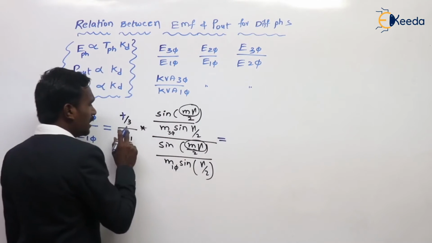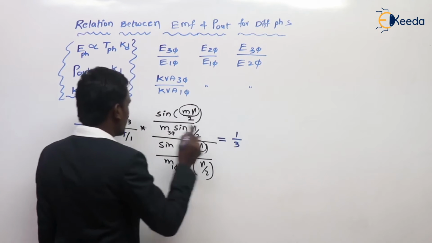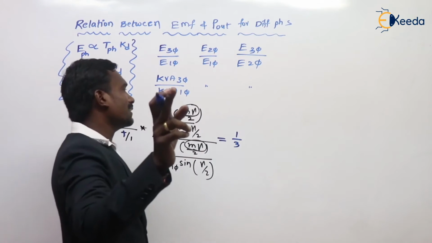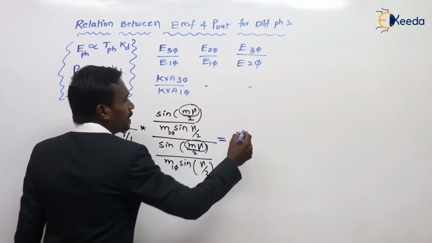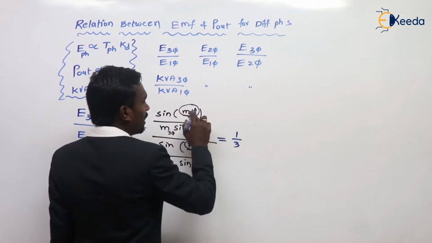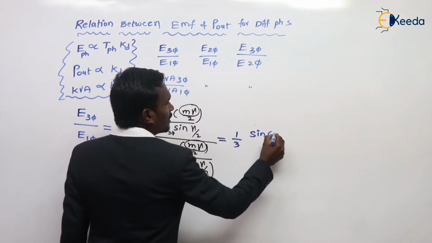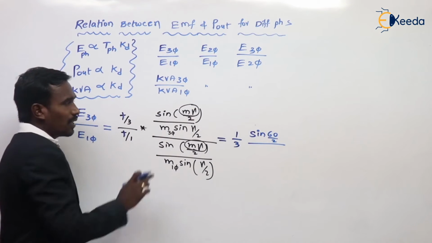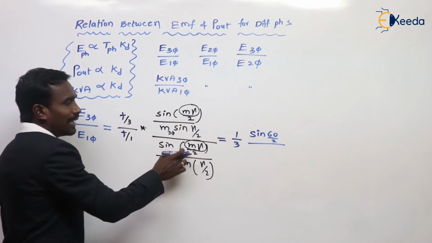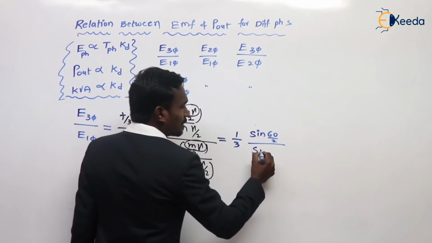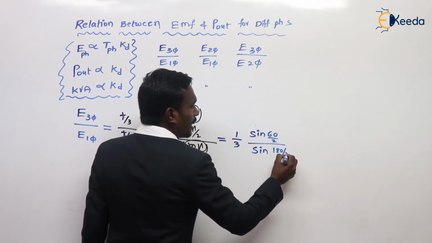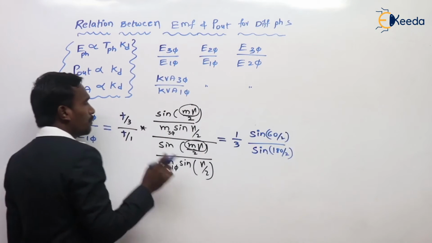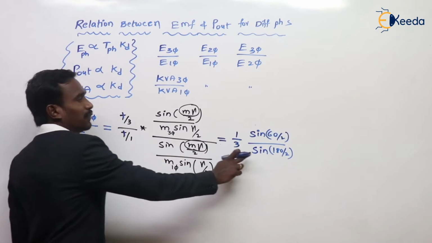So what is the answer here? Here 1 by 3, here 1 by 3. And for 3 phase, can you tell me what mγ is? Very good. It is sine 60 by 2, because mγ is equal to 180 by 3. And for single phase, sine mγ by 2 is sine 180 by 2.